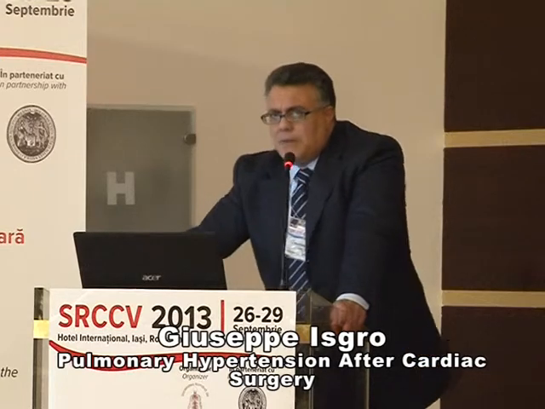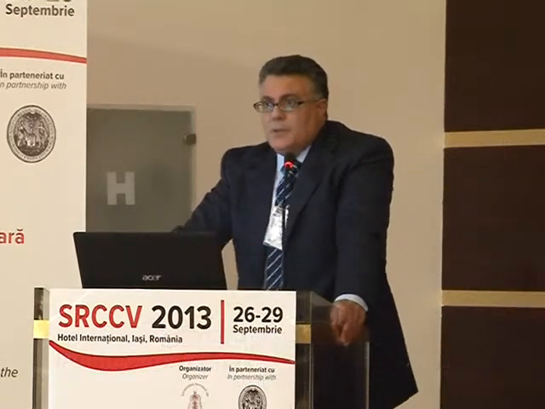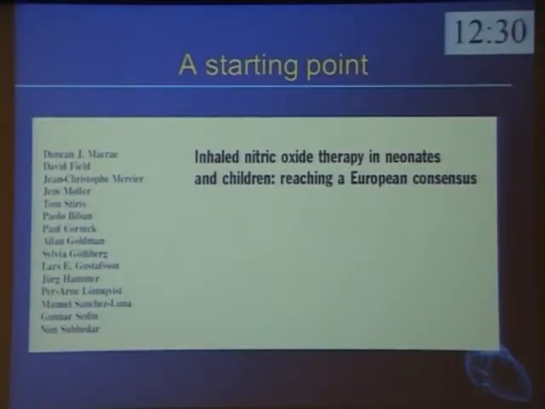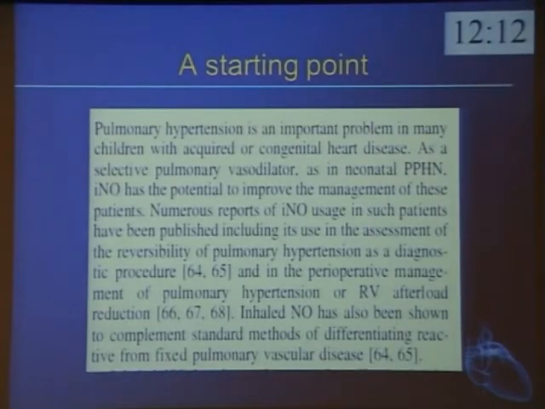So I talked about nitric oxide. We use nitric oxide for treatment of pulmonary hypertension. We have a lot of experience, and we have used this from 1990, more or less, 1992. Nitric oxide reached a great consensus, especially in children.